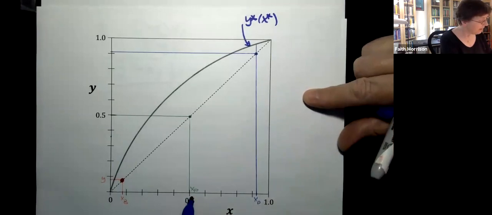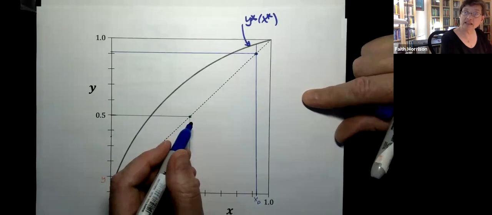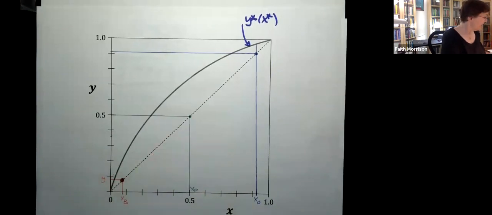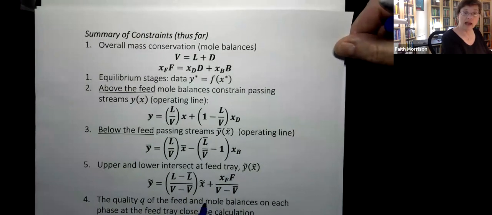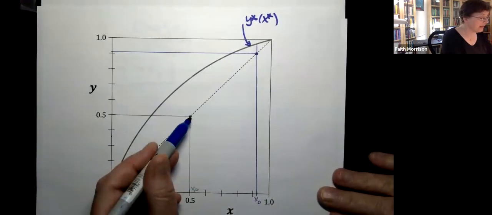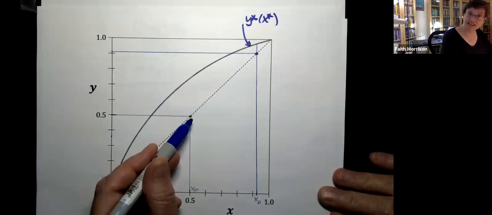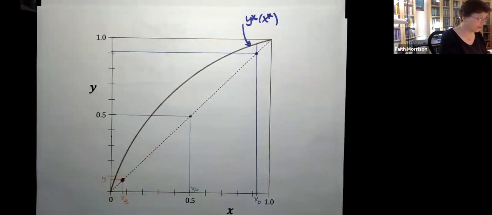So XF, when there's a line that delineates the condition of the feed called the feed line that we derived back here, the feed line. And this feed line tells us the passing stream relationship for the feed. And now we know that one point on that line is XF. Okay, so this one that's on the 45-degree line.